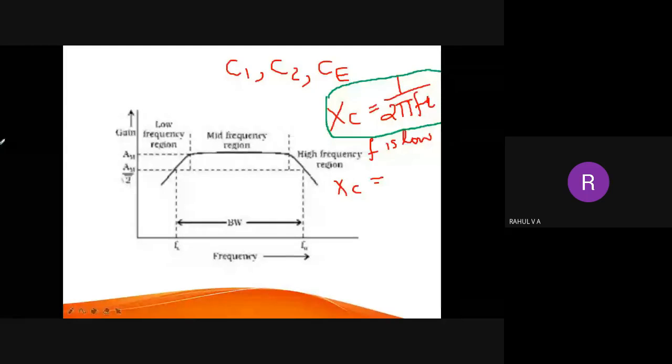Yes. Okay, tell me what is the answer for this? Very simple. When frequency is very low, what will happen to reactance? Already we discussed it.